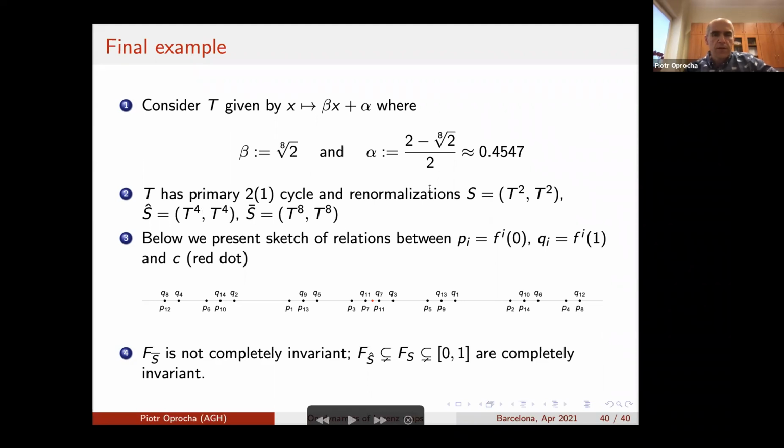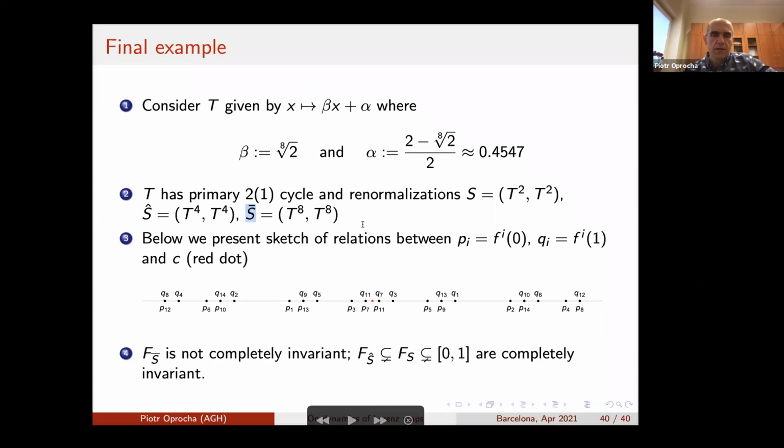But what happens here is that if I try to recover or find these sets that give me the renormalizations, then for this one and for that one, so for S and S hat, I will find a proper closed invariant set that will recover my renormalization, like in the theorem of Ding, but for that one I won't find it.